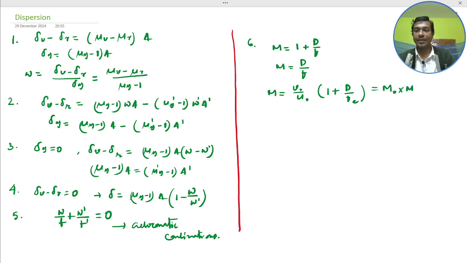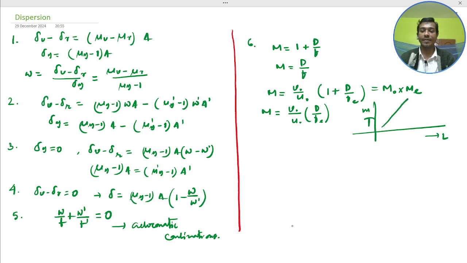This is basically MO into ME, magnification of the objective and magnification of the eyepiece. Basically here O means objective and E means the eyepiece. Next one, for normal vision, this would be v naught divided by u naught (D plus fe). So the graph would be, this is the M and here the L, a straight line passing through the origin.